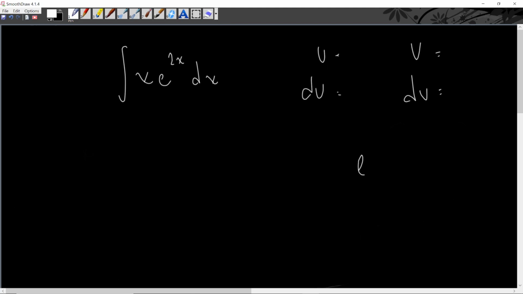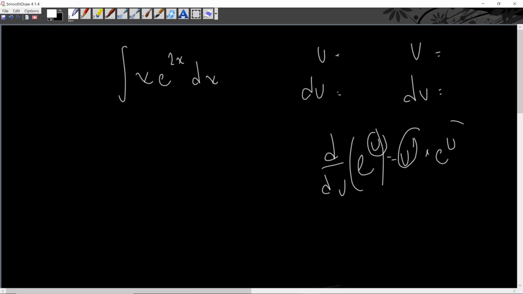And then the derivative of e to the power of u with respect to u is going to be u prime times e to the power of u. This is the chain rule, because if u is a function, you have to do g prime x times f prime of g of x. So from here, let's just do the antiderivative of e to the power of u.